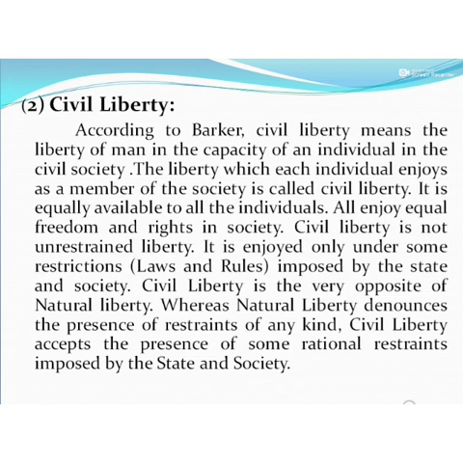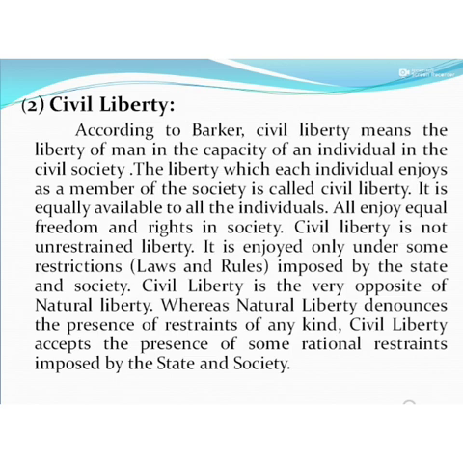Civil liberty is not unrestrained liberty, it is enjoyed only under some restrictions, that is, rules or laws imposed by the state and society. Whereas natural liberty denounces the presence of restraint of any kind, civil liberty accepts the presence of some rational restraint imposed by the state and society.